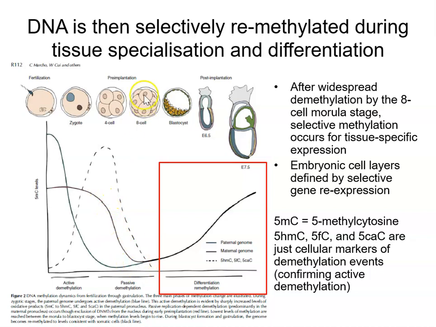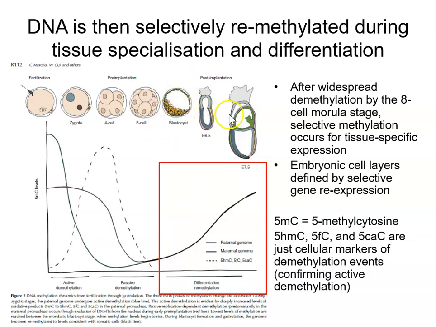And then once we get to the 8-cell stage, we've got quite substantial demethylation of both sperm and egg DNA, and then we start to build up methylation again, and methylations are put on in specific places to silence certain genes to encourage what we call differentiation.